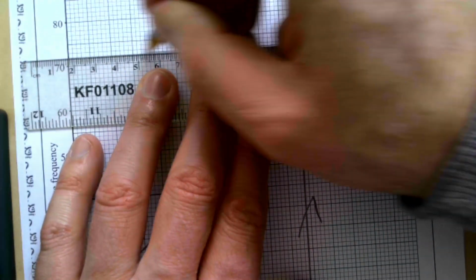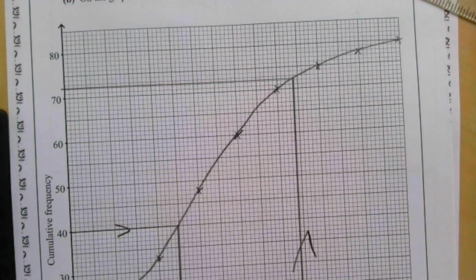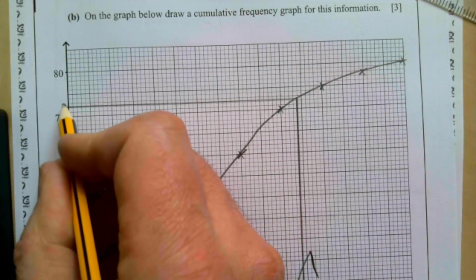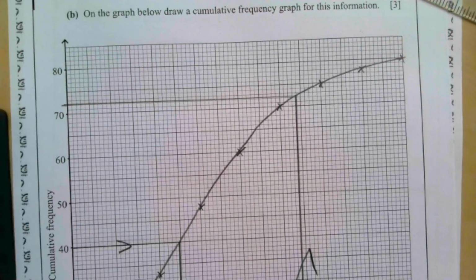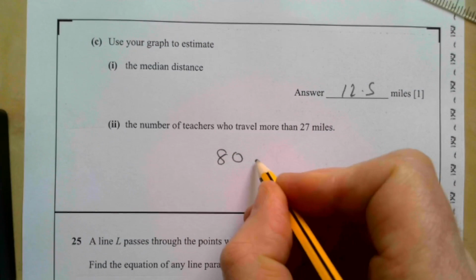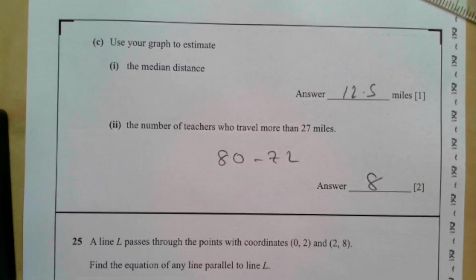The closest is about 72. Now that's the people who travel fewer than 27 miles, so we need to do 80 take away 72, which is about 8.